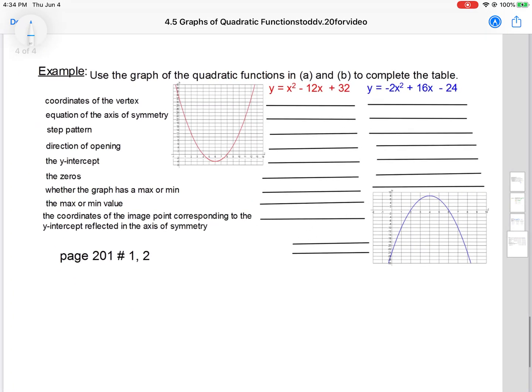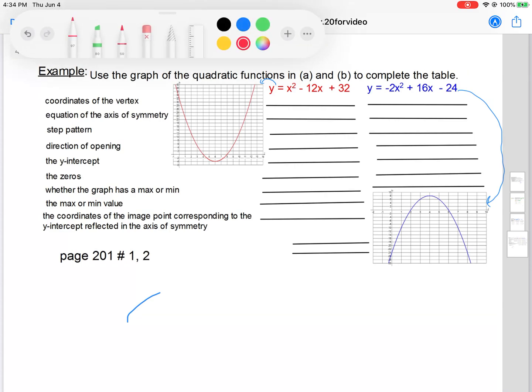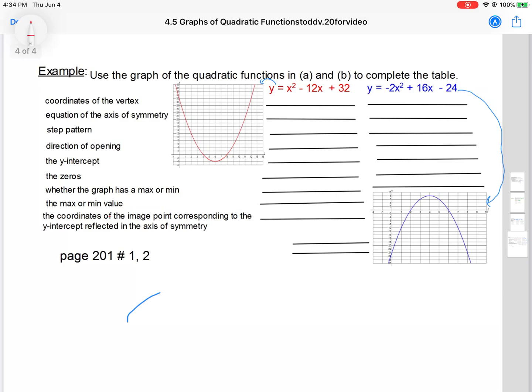Okay, so I had to try to squish these graphs in here, but the red one is this one here, and the blue one is this one down here, okay? And actually, I'll use red and blue. How about that? And so right now, in order to figure out some of the information listed on the left here, you would have to be given the parabola as well as the equation.